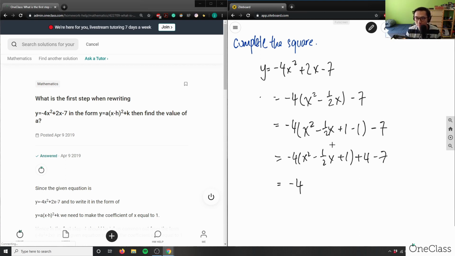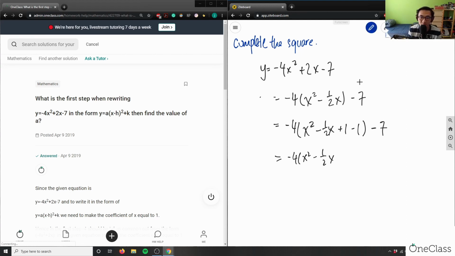Half times 2 is 1, or sorry, negative half times 2 is negative 1, squared is still 1. Let me think. Oh no, I'm dividing it by 2, not multiplying by 2. Sorry, I messed up my completing the square here.